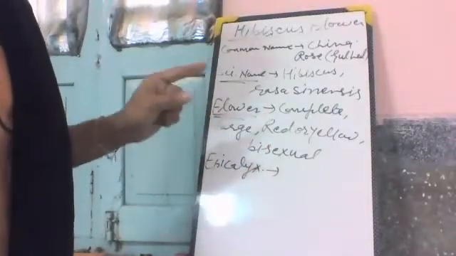What do you mean by bisexual? It has both androecium and gynoecium, stamen and pistil, in one flower. Both parts are present in one flower, so it is known as bisexual.